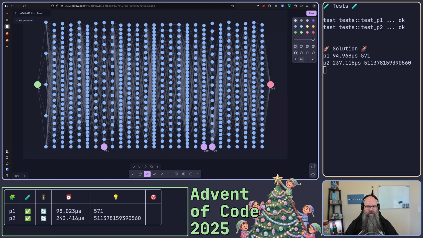This is small enough that you could probably calculate it again with just a straight up BFS, just search all the paths till you get there. And the reason I say that is because the growth here is like exponential. And what do I mean by that?